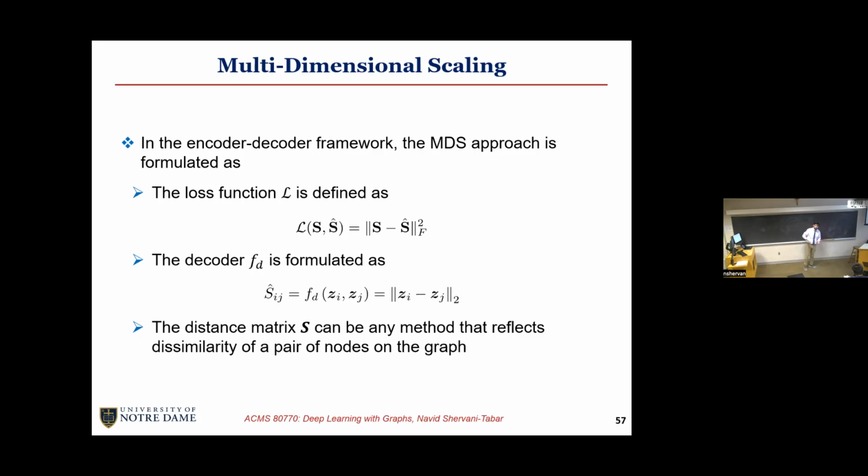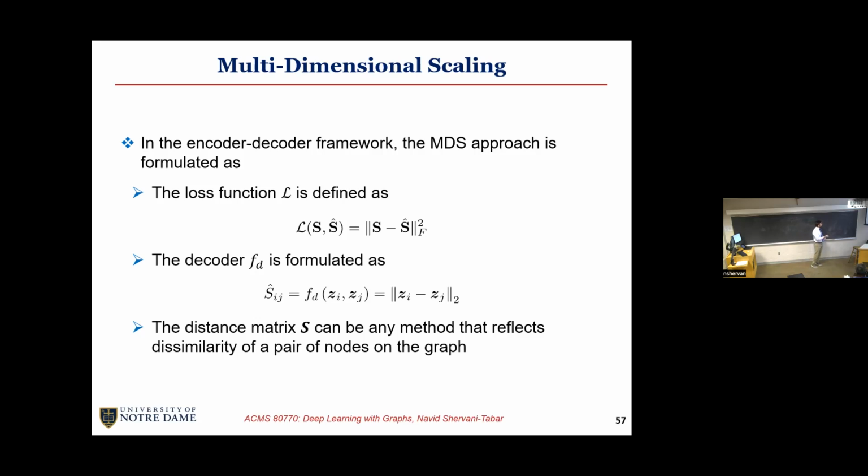Anything proportional to the shortest distance between two nodes is fine. And then let's say that we reconstruct these dissimilarities, and we use some Frobenius norm to find the difference between your reconstructed measure of dissimilarities and your input measure of dissimilarities. And the Frobenius norm is just the square root of the sum of the squares of all elements.